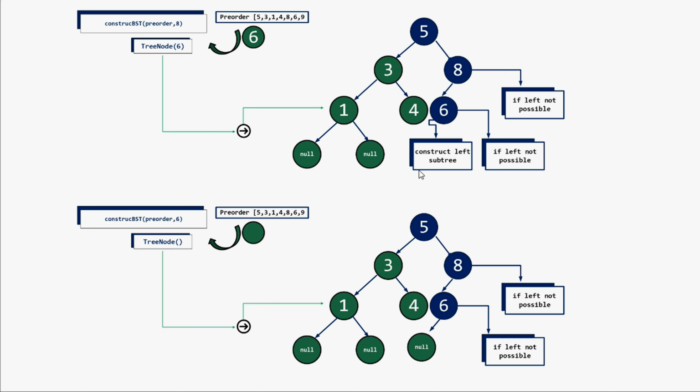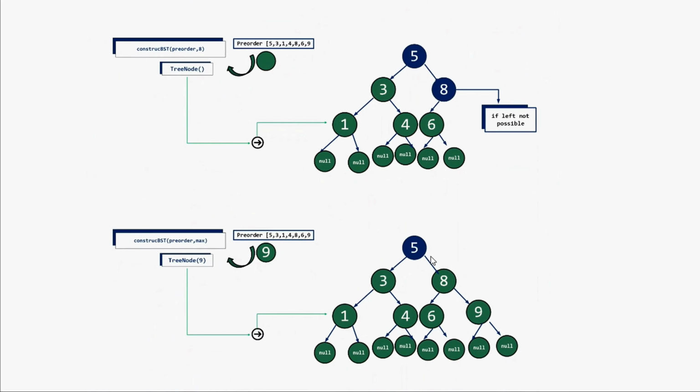Now we'll focus on creating left subtree of 6. We call construct BST with the next element 9 from the preorder array and the boundary is 6. Since 9 is not less than 6, it does not qualify to be in the left subtree of node 6, so we set left as null for node 6.